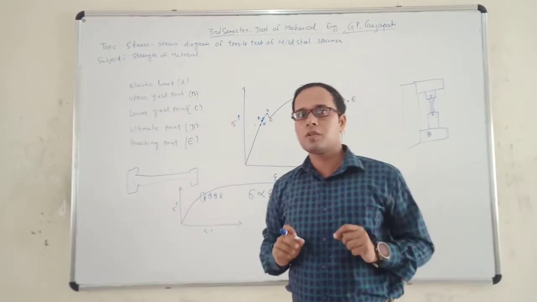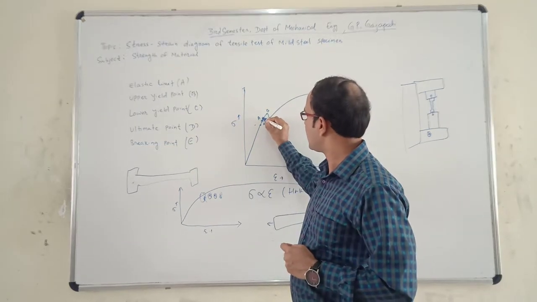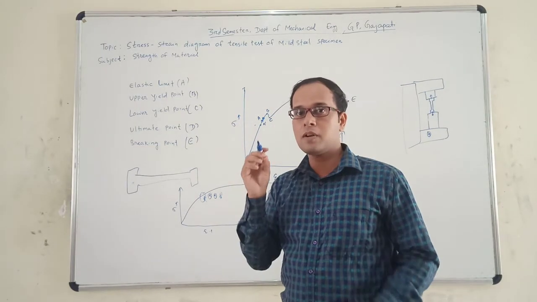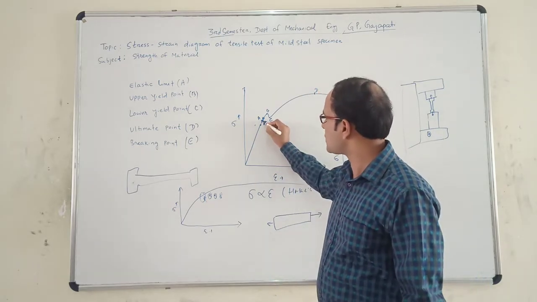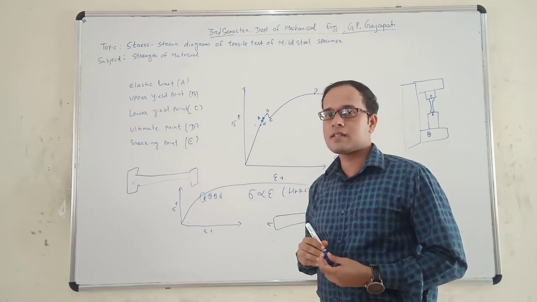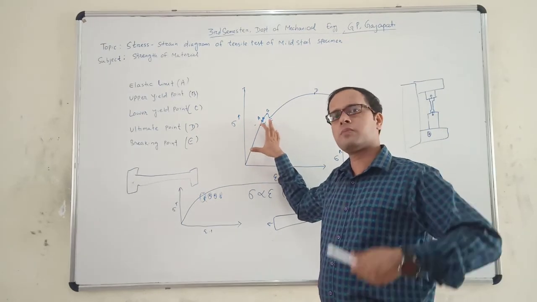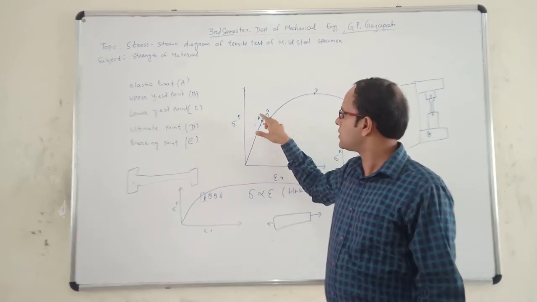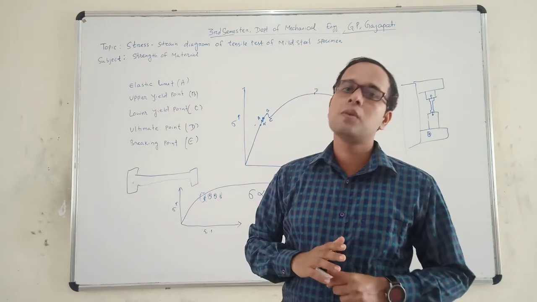If we approach macroscopically, then we take point A. If you go for microscopic studies, then up to the proportional limit, point A dash, Hooke's law is obeyed well. But if you approach macroscopically, then you can consider point A. Up to the elastic limit, it obeys Hooke's law.